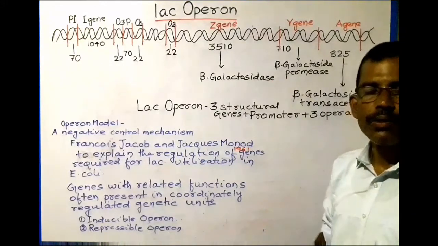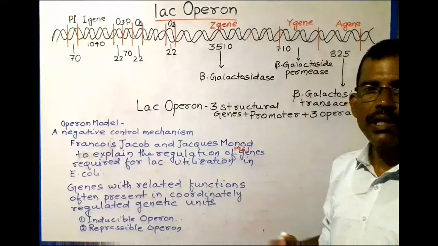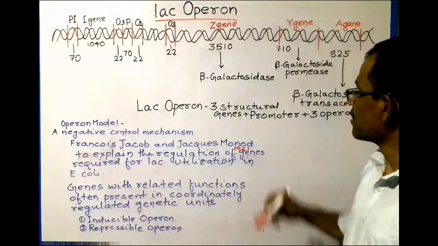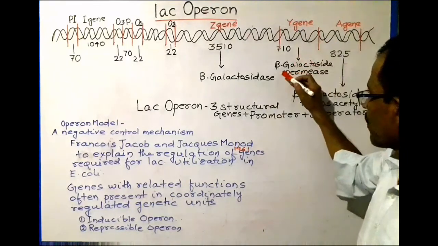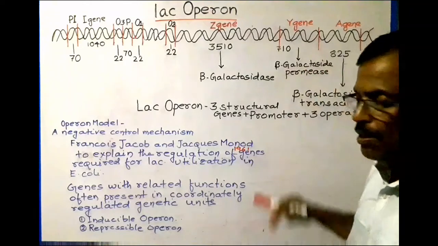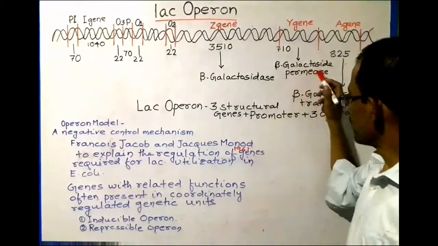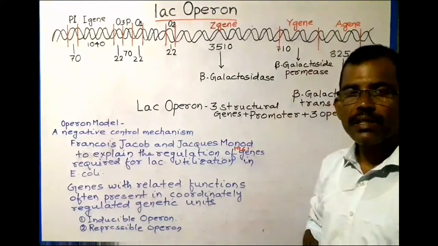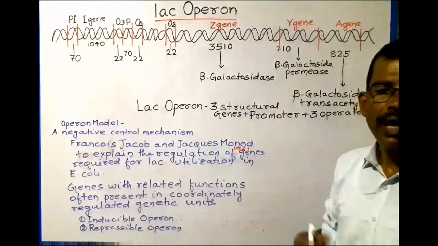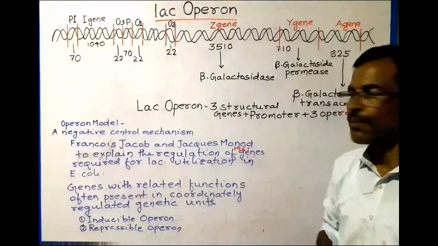Beta-galactosidase breaks down lactose into glucose and galactose, whereas the Y gene encodes beta-galactoside permease. This beta-galactoside permease is responsible for pumping lactose into the cell.